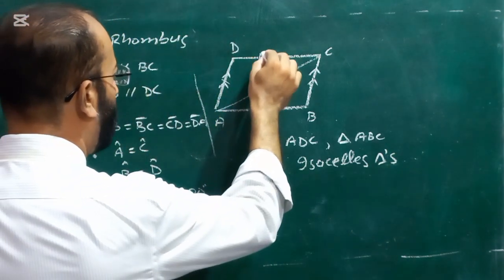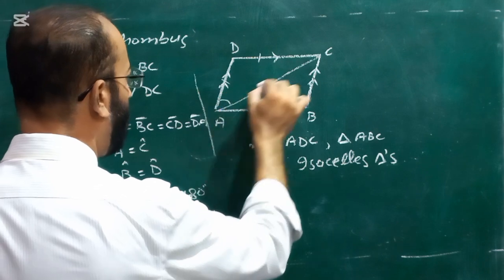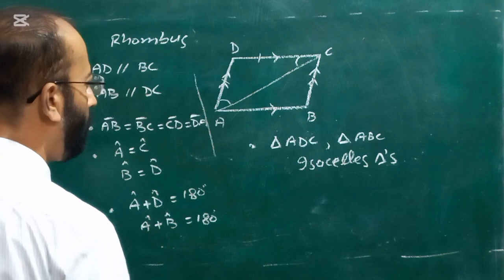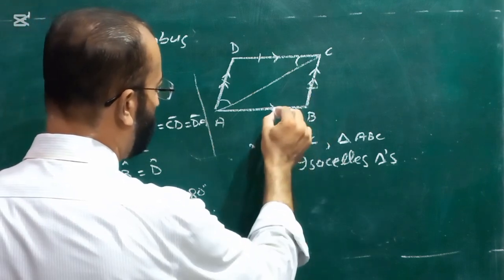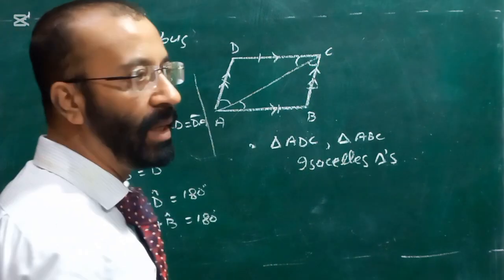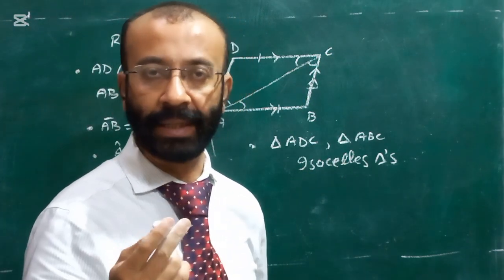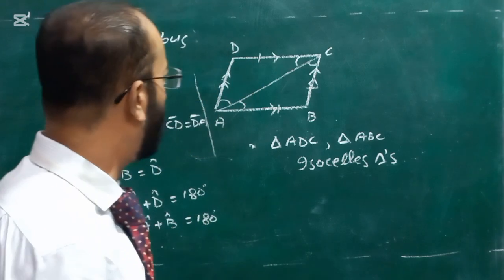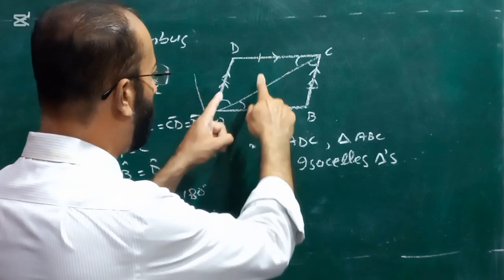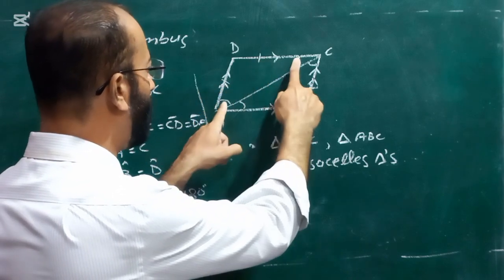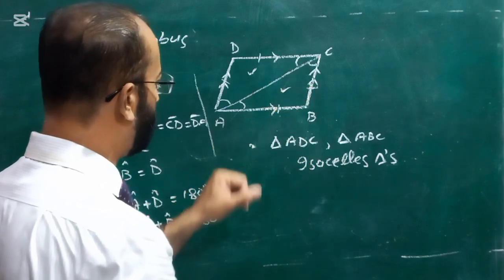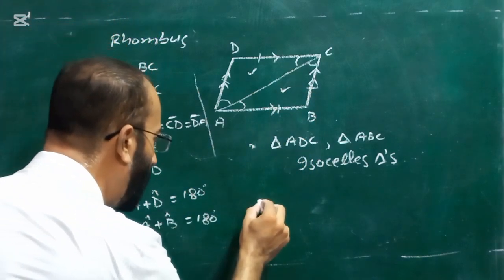Because these two sides are equal, their base angles will be equal. So this angle will be equal to this angle. Likewise in this figure, because these two sides are equal, this angle will be equal to this angle. Because in an isosceles triangle, two sides are equal and their base angles are equal. So because in a rhombus all sides are equal, these two sides will be equal, so their base angles will be equal in this figure. Likewise, the same property will be applied in this figure.